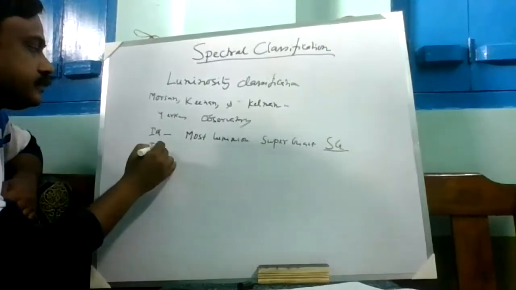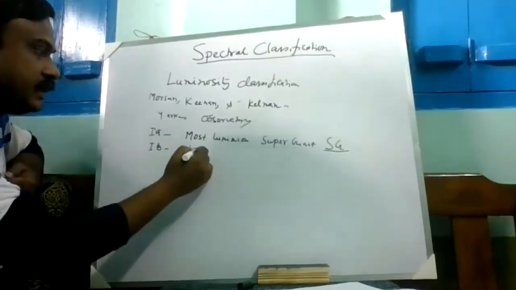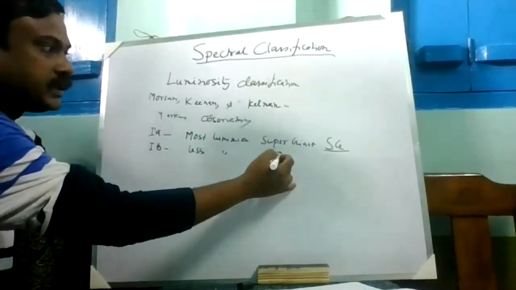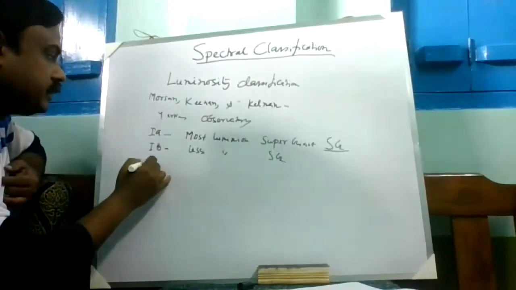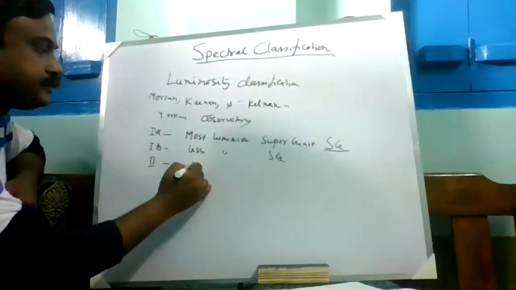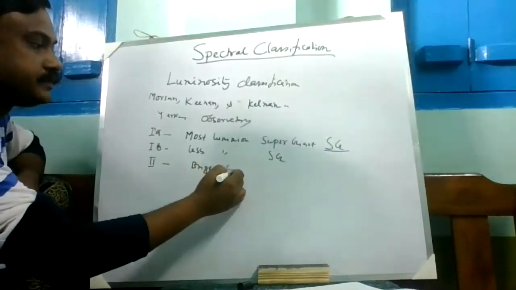Ib are less luminous, but they are still supergiants. Then II are the bright giants.